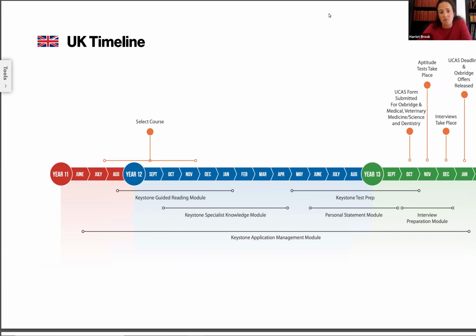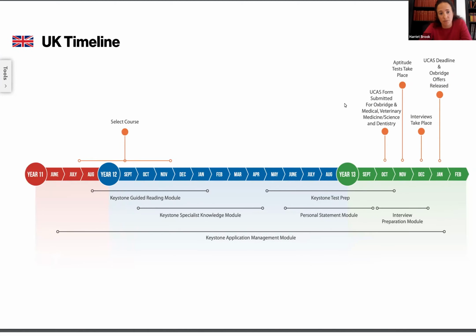So this really is designed for those that are thinking about the universities that do require that little bit of extra planning. And that is where our guided reading and specialist knowledge modules come in. Very much at the beginning of the process, they're designed to help students really explore their course outside of what they're studying in school.